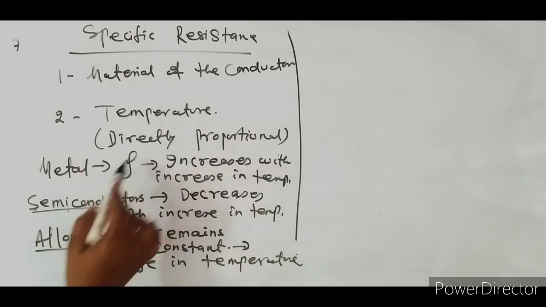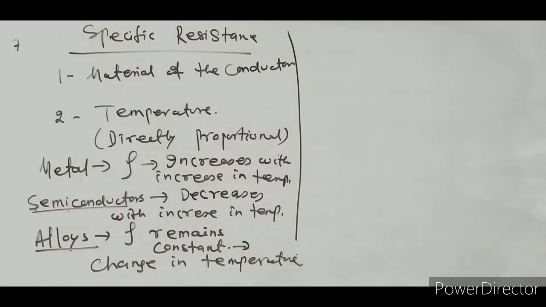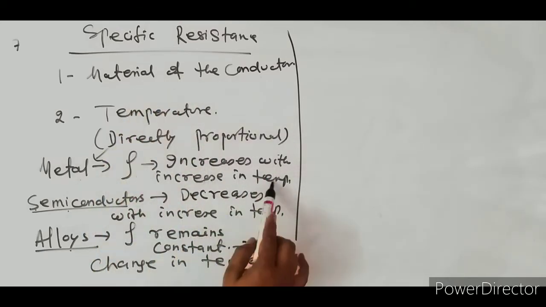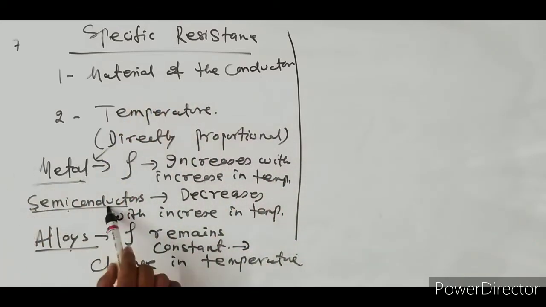Rho, the specific resistance, increases with increase in temperature for metals, decreases for semiconductors, and for alloys rho remains constant. Clear?